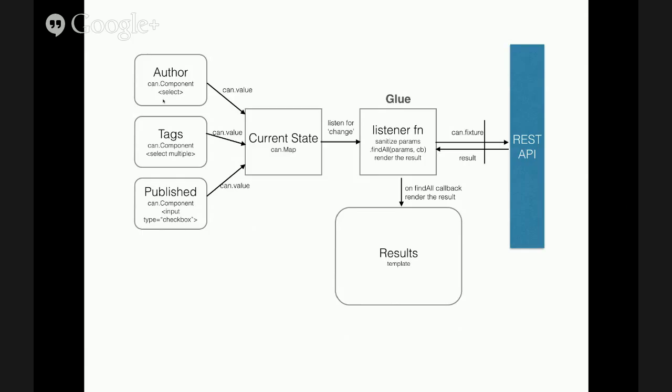The only glue that we use here is a listener function that listens for changes on the current state and makes a REST API request via model find all, and the result is rendered in a template. Actually, there is no real REST API, of course. We can use can.fixture to simulate the REST API behind it.